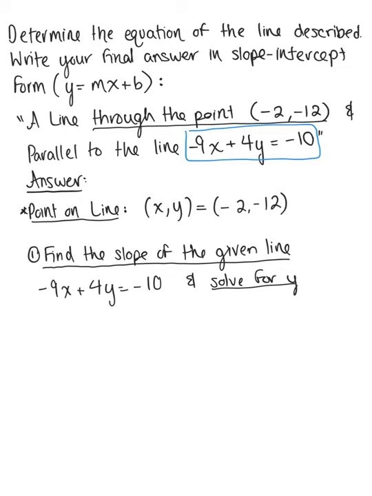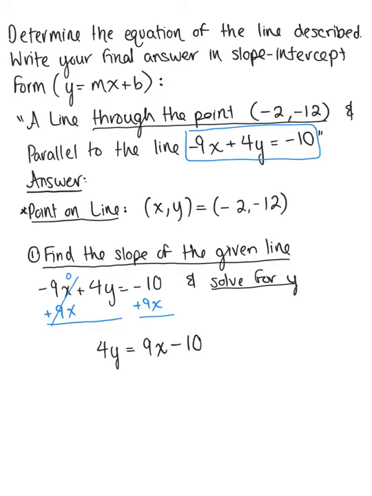The first thing I'm going to do is add 9x to both sides of the equation. So on our left-hand side here, the -9x and positive 9x combine to 0, leaving us with 4y = 9x - 10.